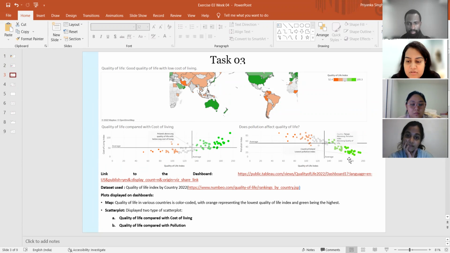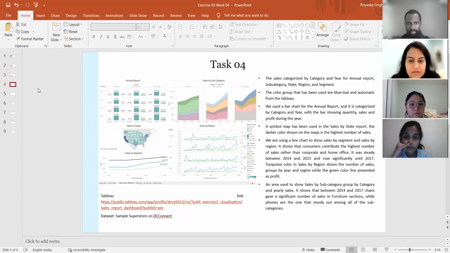We can see from the chart itself that countries which have good quality of life actually have less pollution. So it's related. Moving to the next slide, and my colleague David will present it.